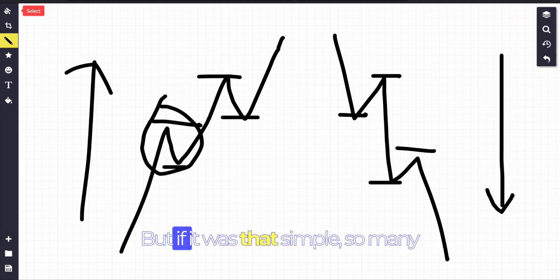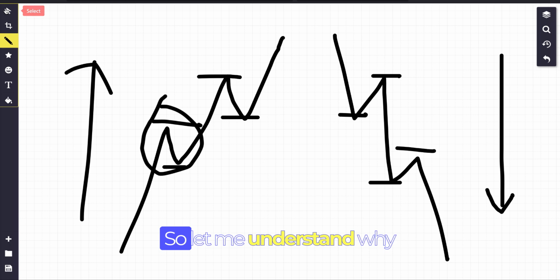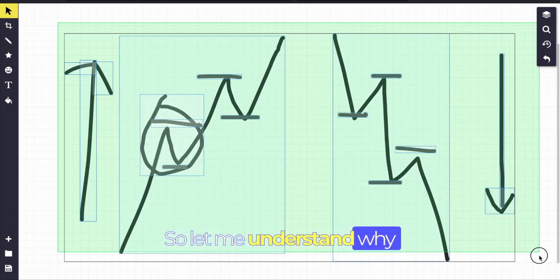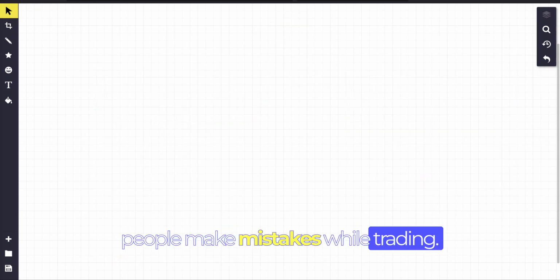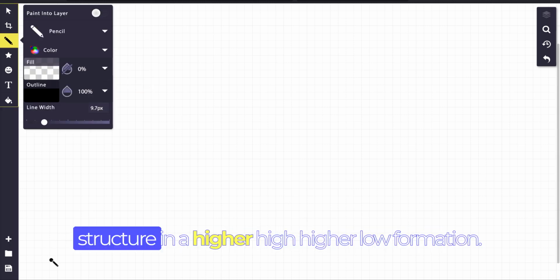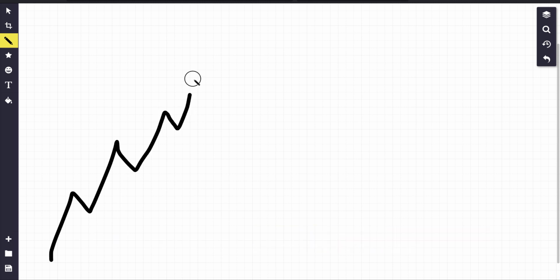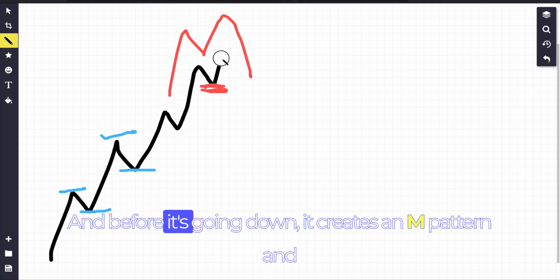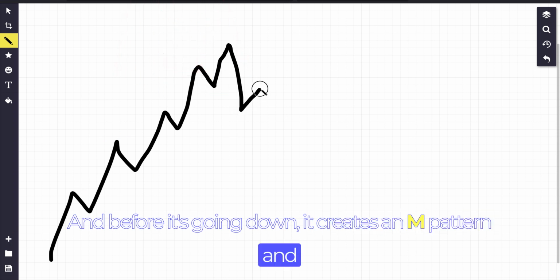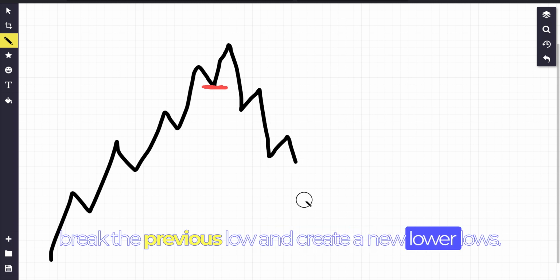But if it was that simple, so many people should be billionaires by now. So let me explain why people make mistakes while trading. We know that the market behaves in a structure, in a higher high, higher low formation, and before it goes down it creates an M pattern, breaks the previous low and creates new lower lows.